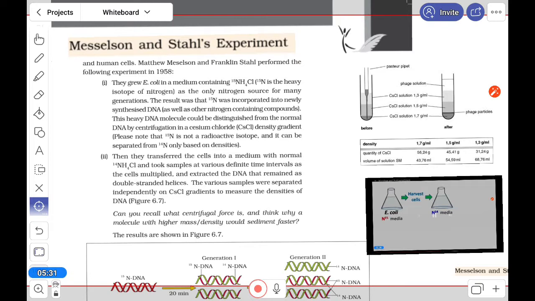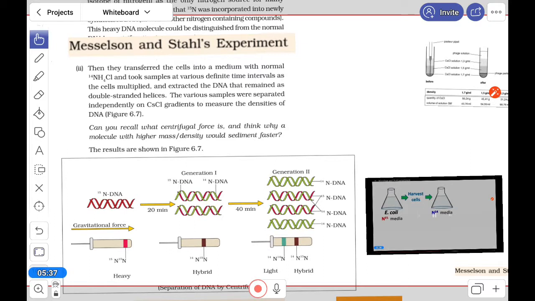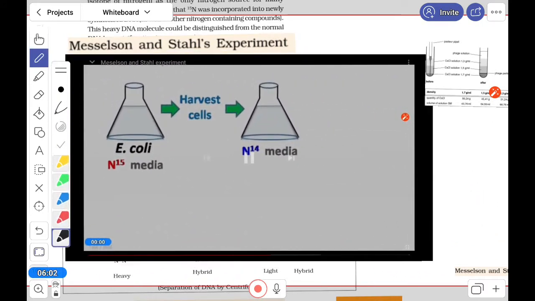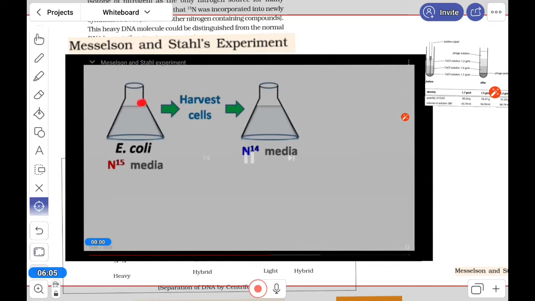You have to see your book's diagram first. In the normal medium, ammonium chloride with nitrogen 14 is there, multiplication continues, and we observe what type of strands we get. With the help of this video clip, first you see this is heavy nitrogen, and now it is transferred into normal.